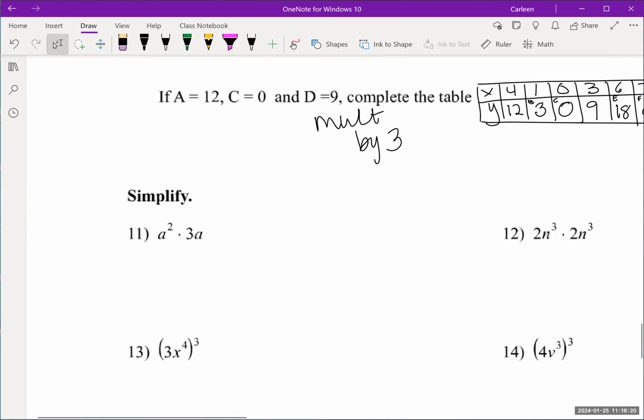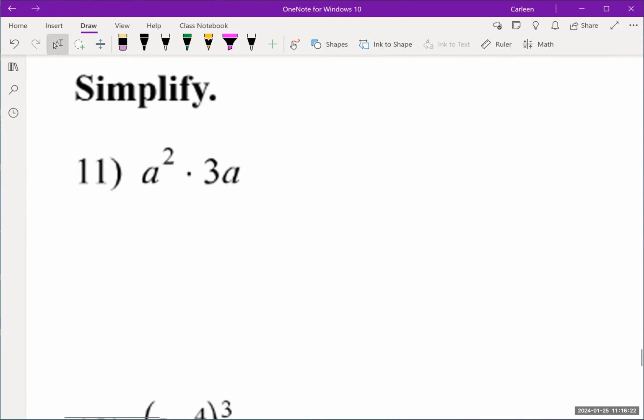Okay, review of exponents. Now, the coefficient in front of the a squared, imaginary one. The exponent on the a, imaginary one. Okay, so 1a squared times 3a to the first.